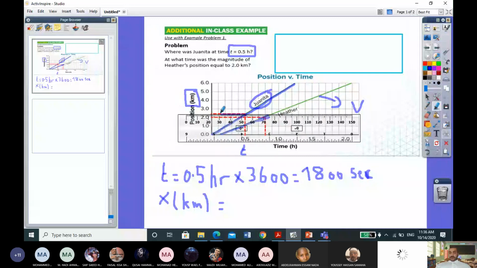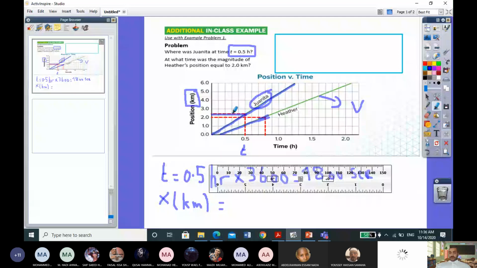If I go from here to here, you can see the dotted red line. It's between 2 and 3. So what is it, guys? 2.5. Excellent. So it's 2.5.